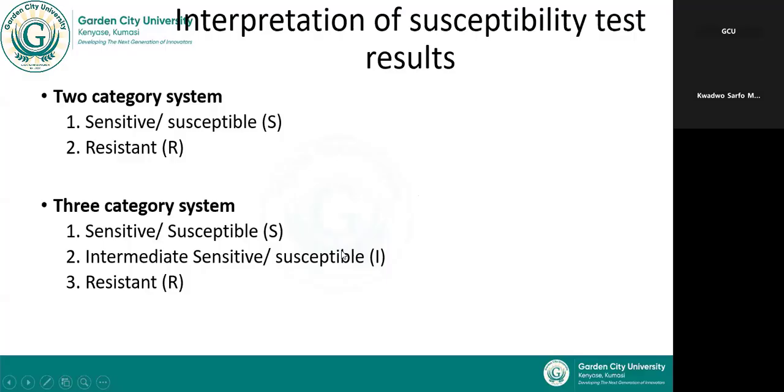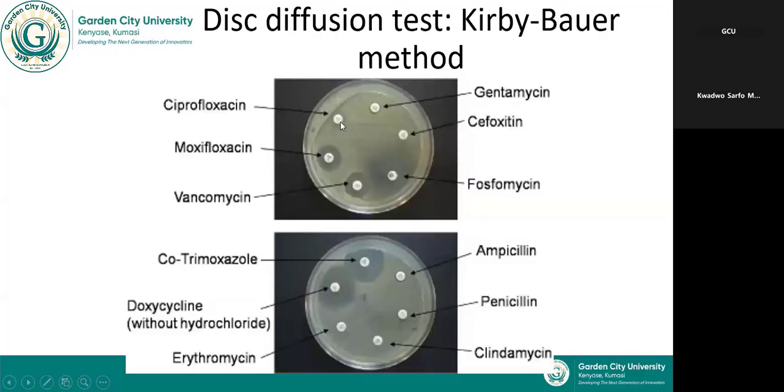So assuming for these antibiotics, you recorded R, R, R, I, there's no S. Then the clinician has no option than to select any of the I's and then increase the concentration. I hope it's clear.